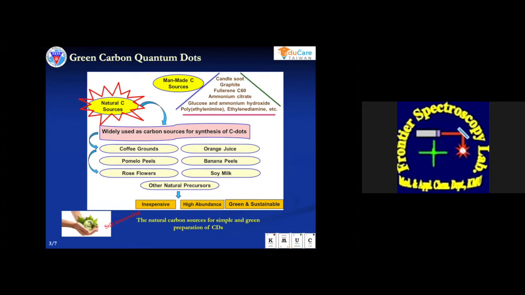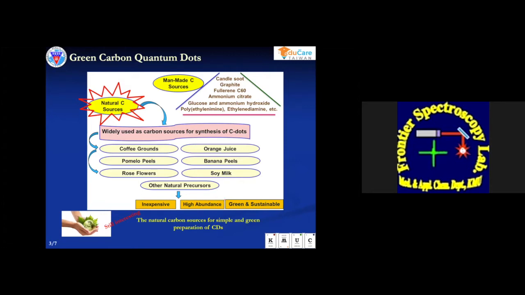Green sources have high abundance and are inexpensive, which means almost every lab can produce green carbon quantum dots.